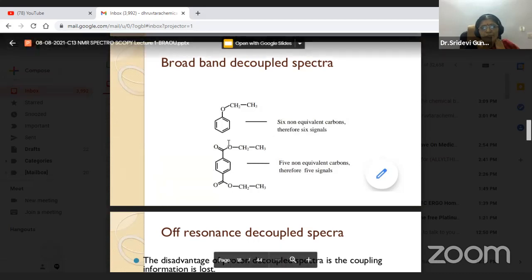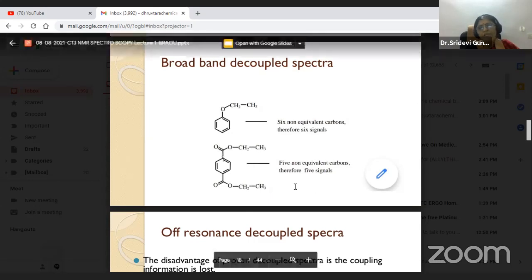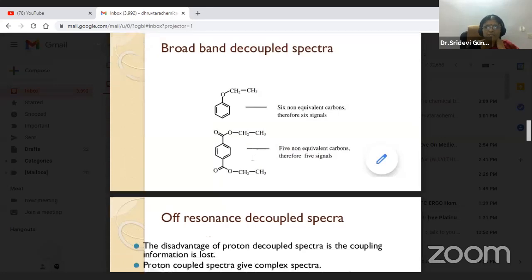See, they are same. This and this are same. These two and these two are same. And that's all. This carbonyl and this carbonyl are same. This CH2 and this CH2 are same. This methyl and this methyl are same. So overall, 1, 2, 3, 4, 5. So 5 non-equivalent carbons. Therefore, 5 signals.